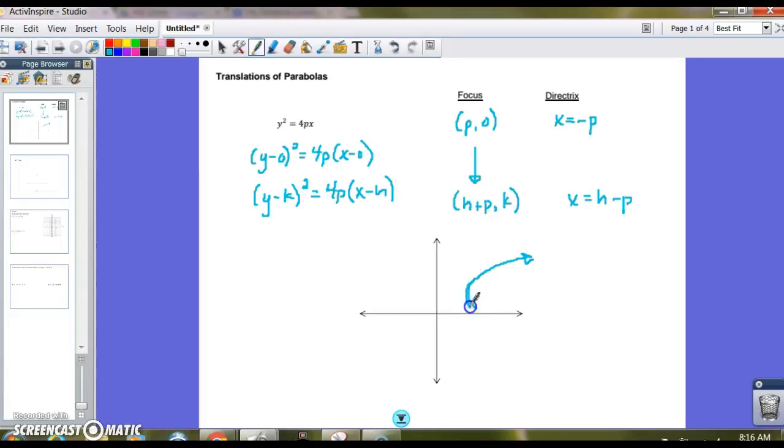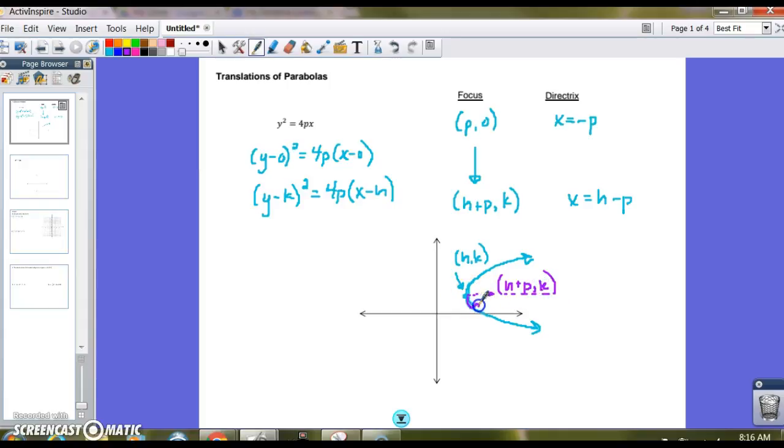There we go. So here's your center at (h, k). Your focus is going to be somewhere over here, right? So it's going to be on that same horizontal, if you had an imaginary horizontal line here, your focus would be here, and the coordinates of that would just be (h plus p, k), right?